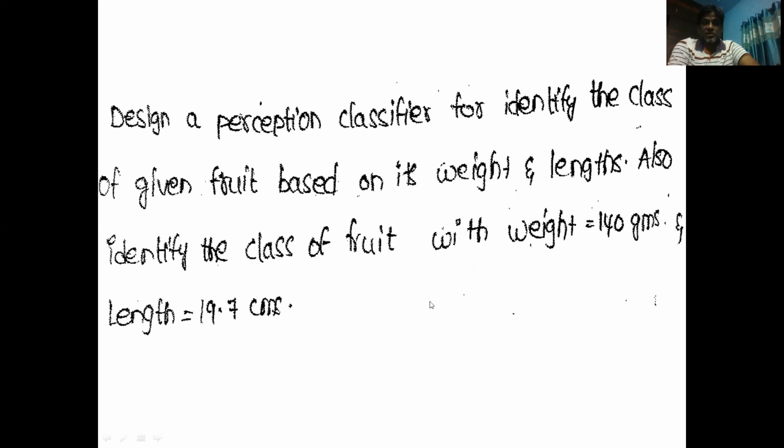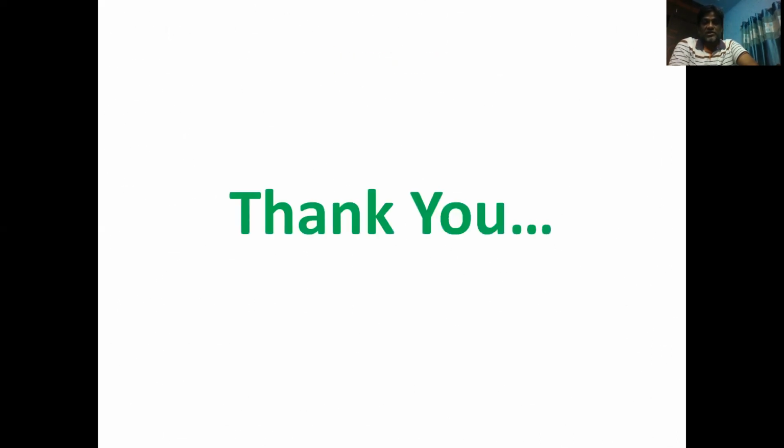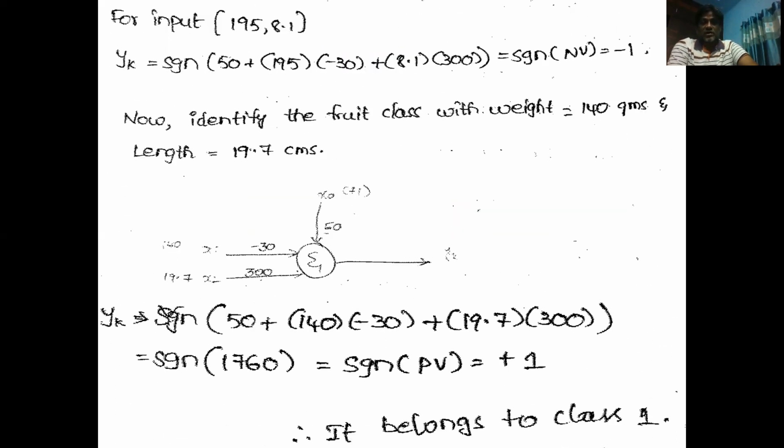It is a new sample, and they are asking us to identify the class of this particular food based on the perceptron. We already designed the perceptron, and now we will send 140 grams and 19.7 centimeters as input. The final weights are -30 and 300, with 50 for the bias weight.